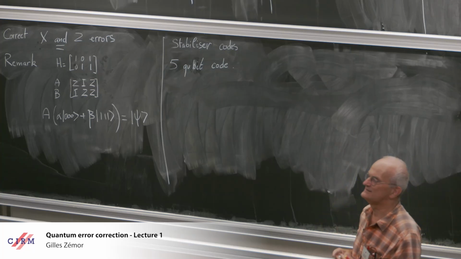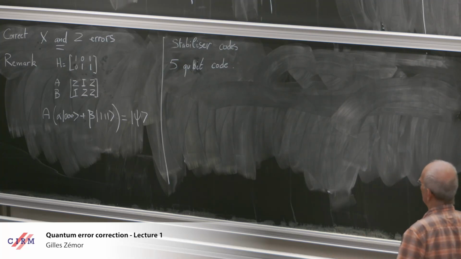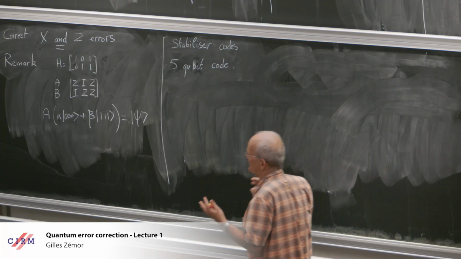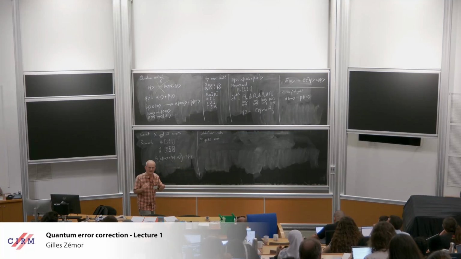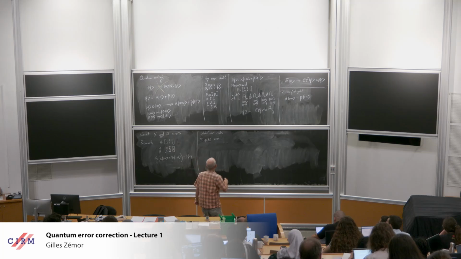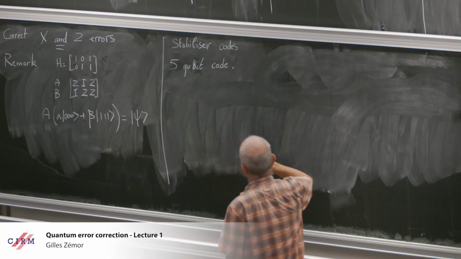I'll go immediately to the 5-qubit code, which is the smallest possible quantum code that corrects one error. What does it mean exactly to correct one error? We'll see as we define it.